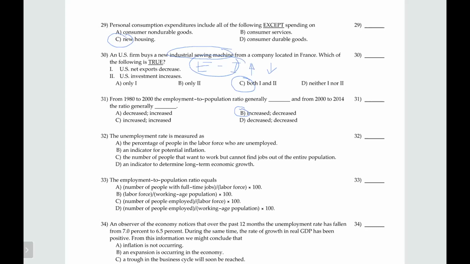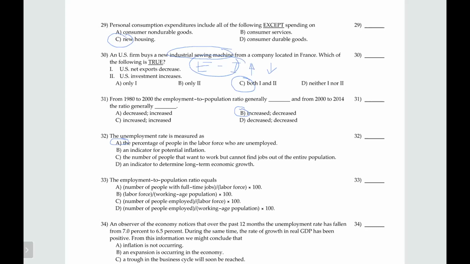These are basic facts regarding our economy. 32. The unemployment rate is measured as... So the answer is A. The percentage of people in the labor force who are unemployed.